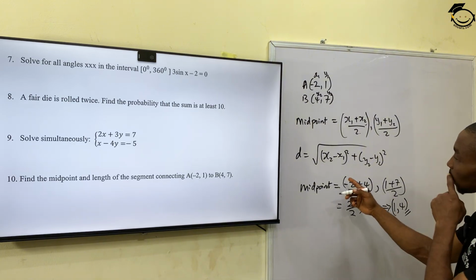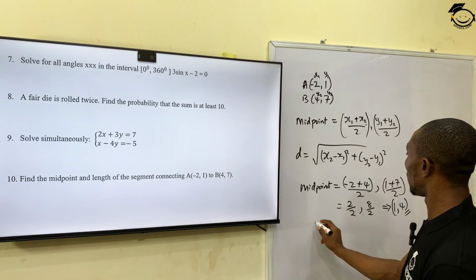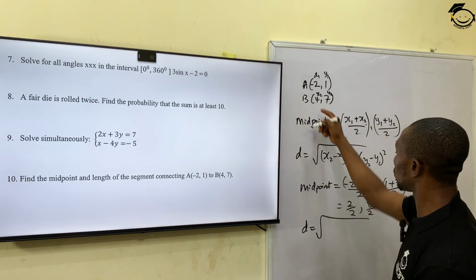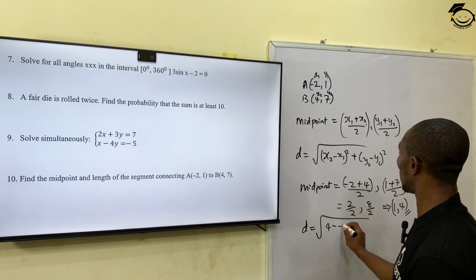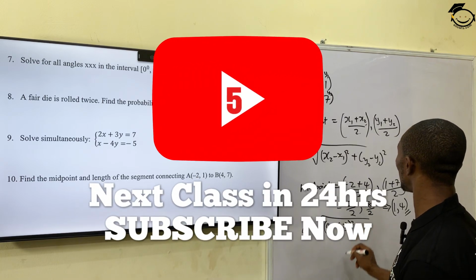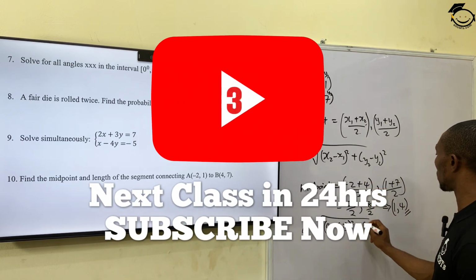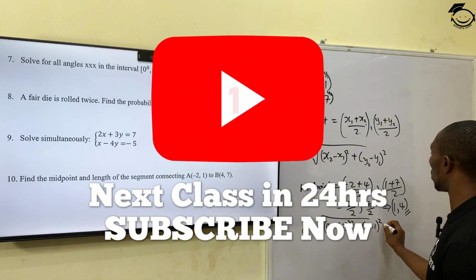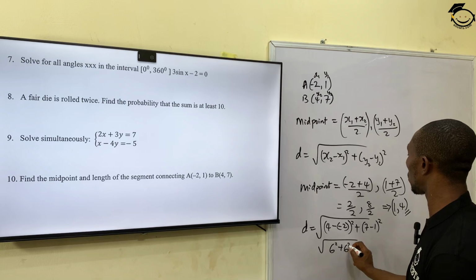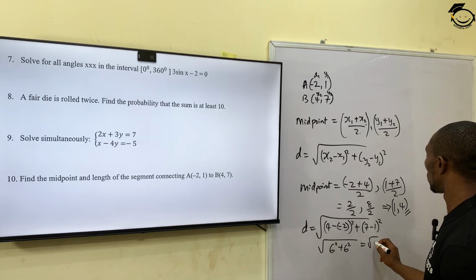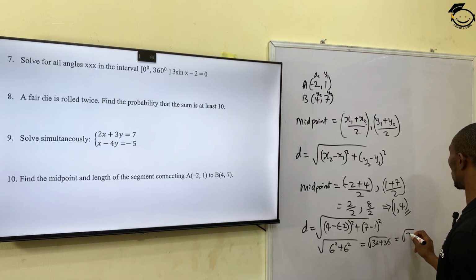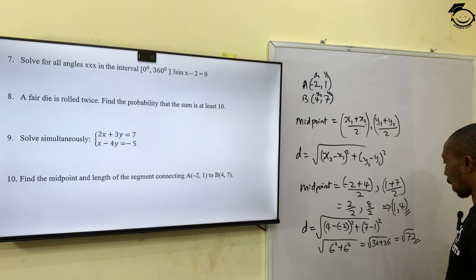Now for the distance or length, we have d equals root of our x2 is 4 minus minus 2, all squared, plus our y2 is 7 minus 1 all squared. So this will give us root 6 squared plus 6 squared, which is root 36 plus 36, which gives us root 72 as our answer.